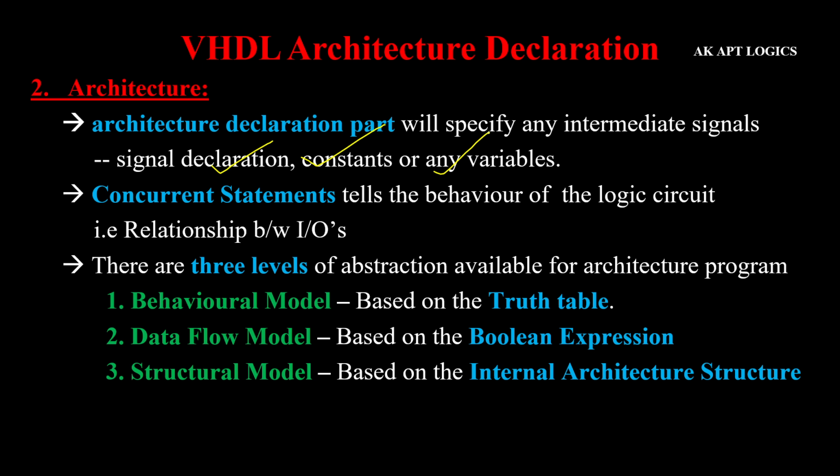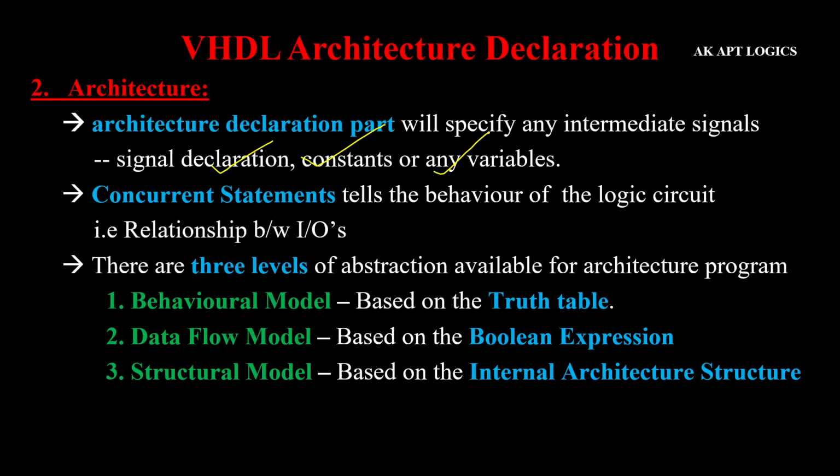Similarly, we have a large design. That large design is made up of small components. Again, those small components are made up of some other small components, and till then we get the least component, which is the gates, right?